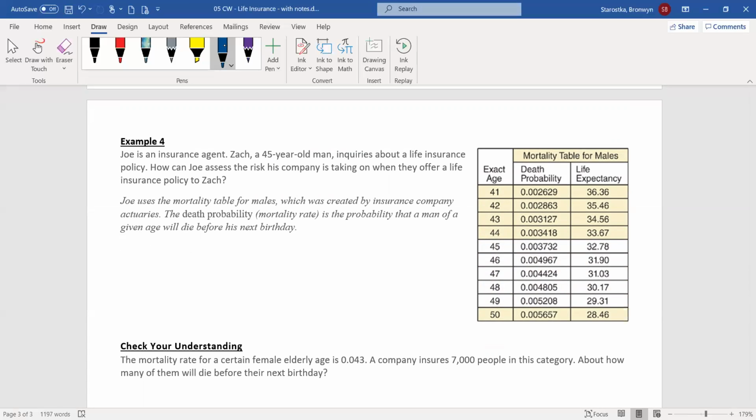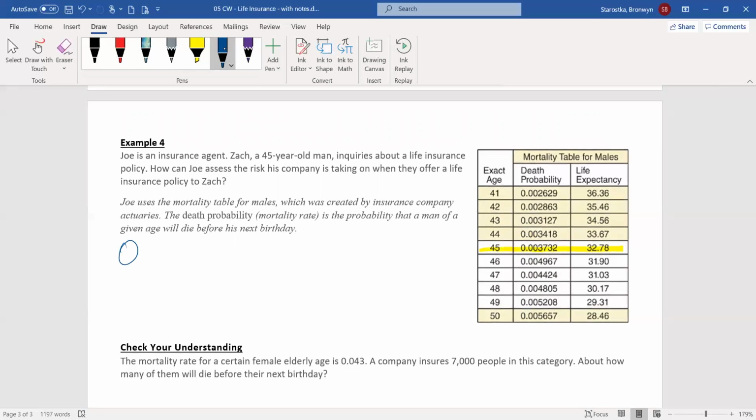The death probability, or the mortality rate, is the probability that a man of a given age will die before his next birthday. So Zach is a 45-year-old man. We're talking right here. Zach's premium is going to be based off of the fact that 0.37%.